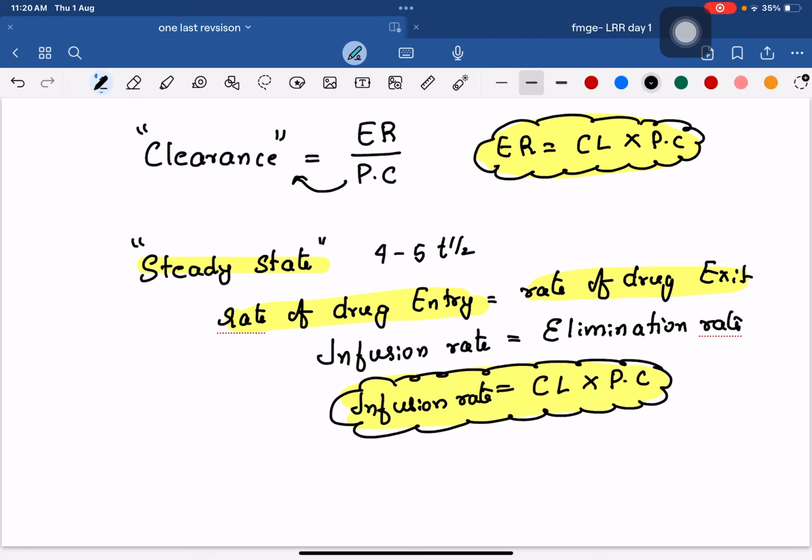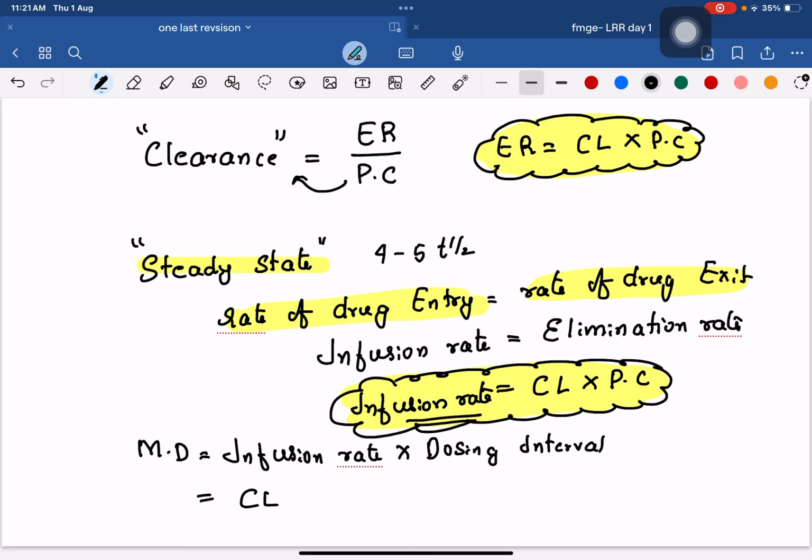Suppose I want to convert that into maintenance dose. So maintenance dose is also given by infusion rate into dosing interval. Now you take the infusion rate from here.